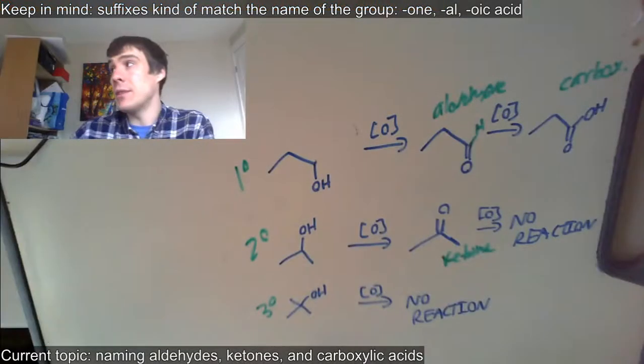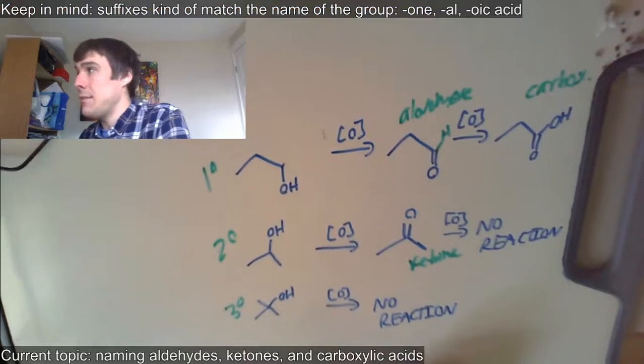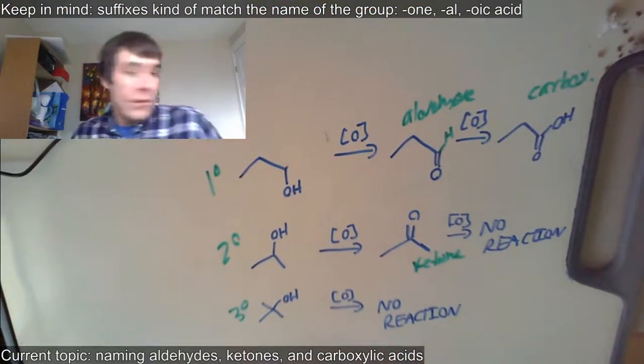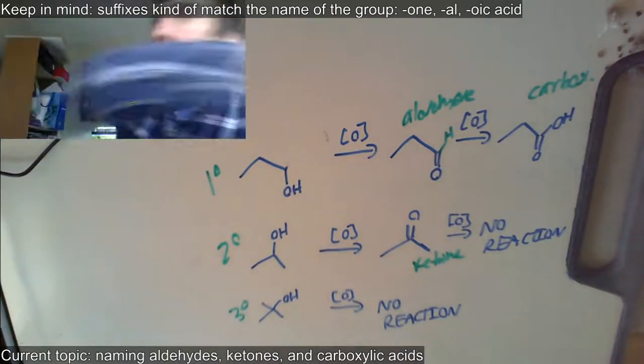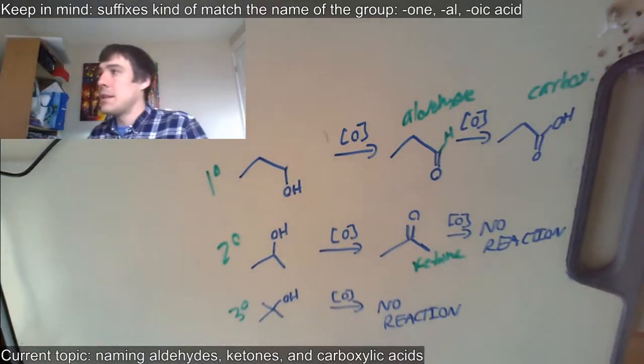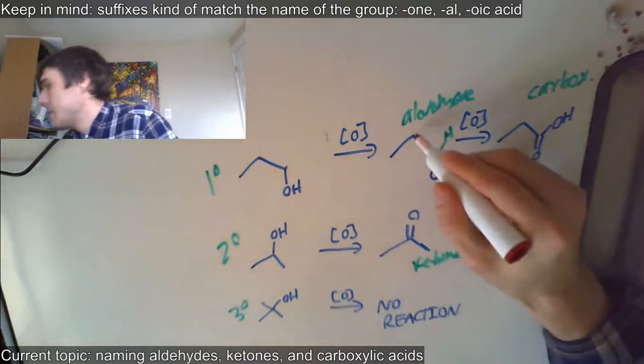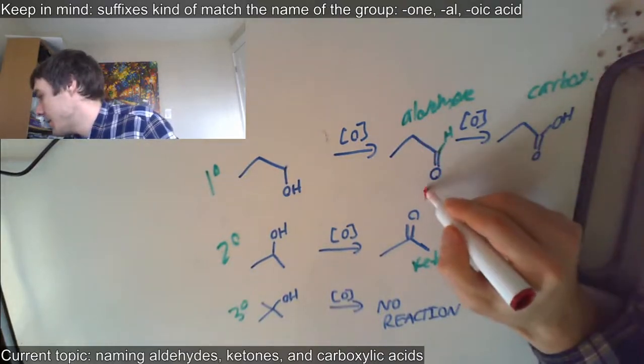If we go back over to this, we can name these, using, I need a red marker. Here we go. This is 1, 2, 3. This is propanal.